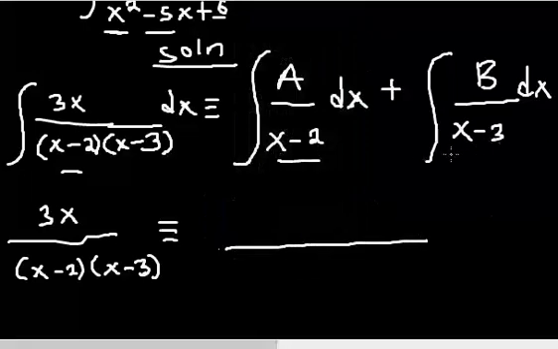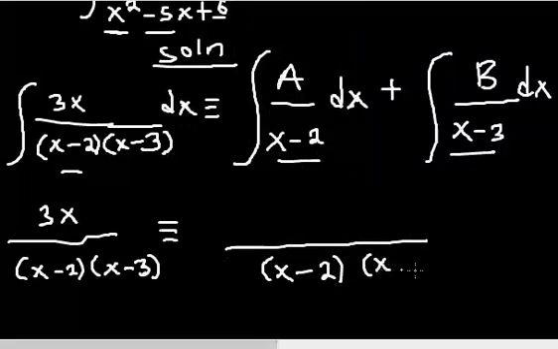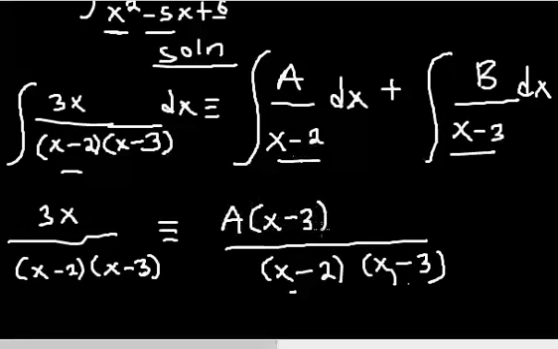The LCM of the denominators is x minus 2 times x minus 3. Dividing by x minus 2, I have x minus 3, which must multiply a. I have a times x minus 3, plus, x minus 3 cancels x minus 3, I'm left with x minus 2, multiplied by b.